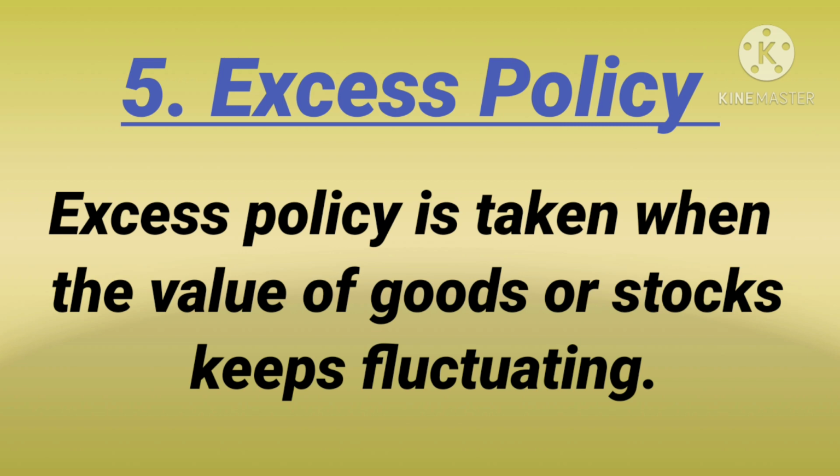The second one: the value of the second policy is an amount equal to the difference between minimum and maximum possible stock value. This policy is taken to cover the excess value by which the price fluctuates.